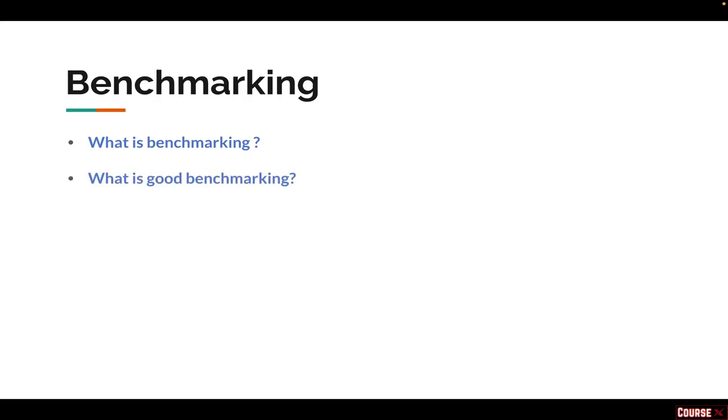So what is a good benchmarking? There are a few characteristics of good benchmarking. First one is it should be measurable. So when you run a piece of code or a job, let's say, it generates different metrics, right? What kind of metrics are we talking about here? We are talking about the response time or job completion time.